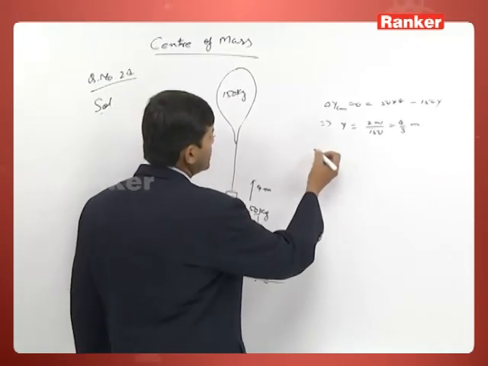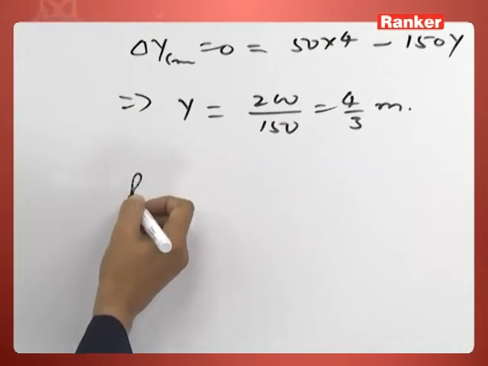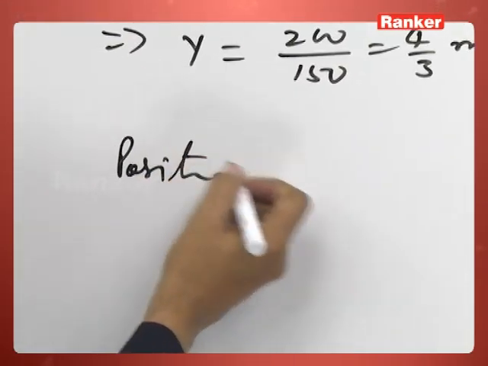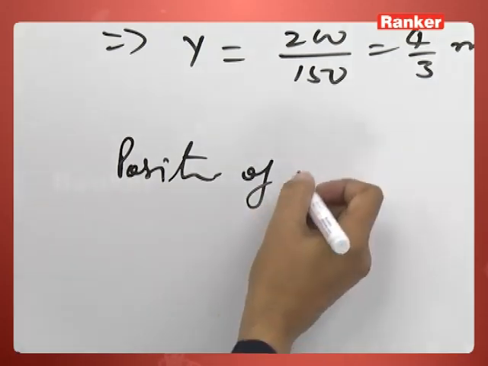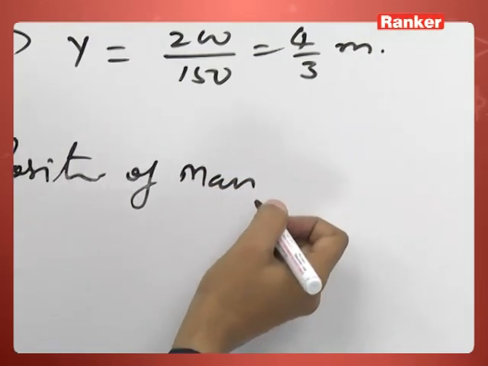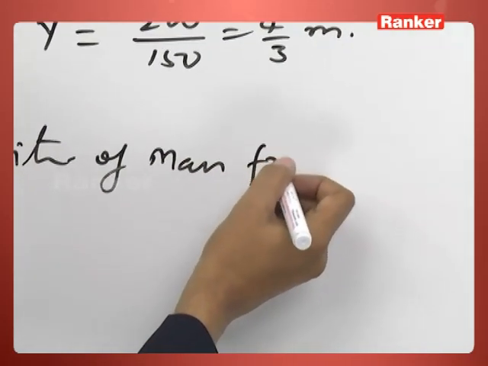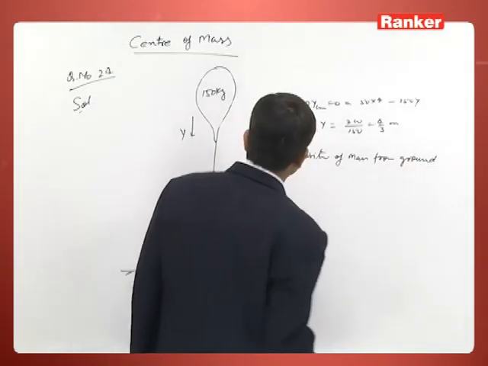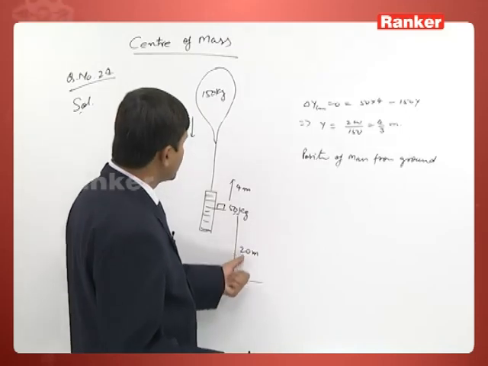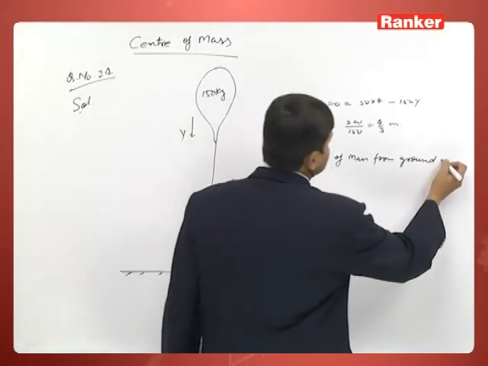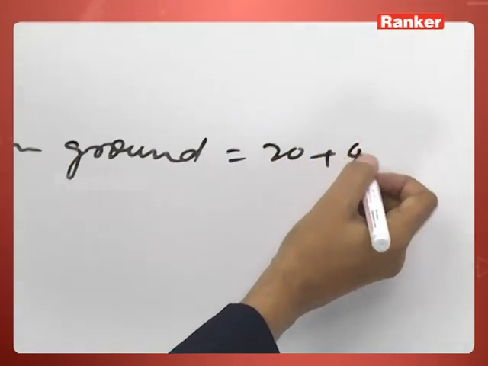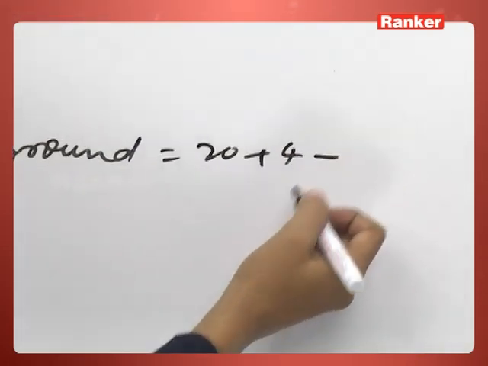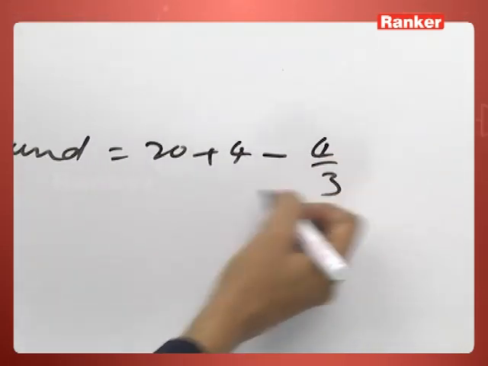So displacement, the position of the man from ground, that is 20 plus 4 minus 4 by 3.